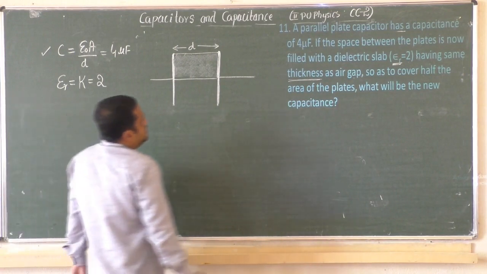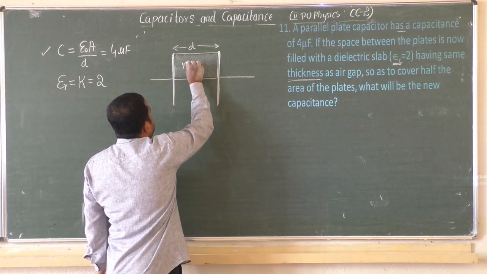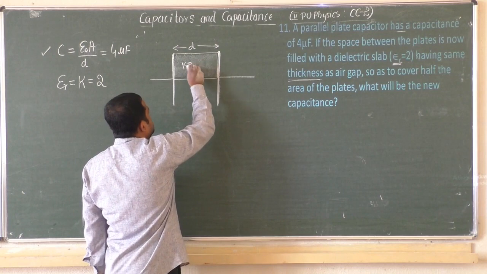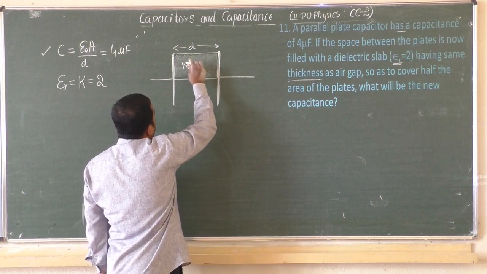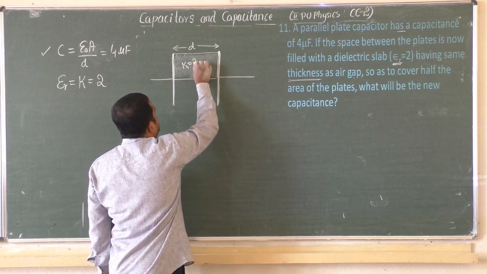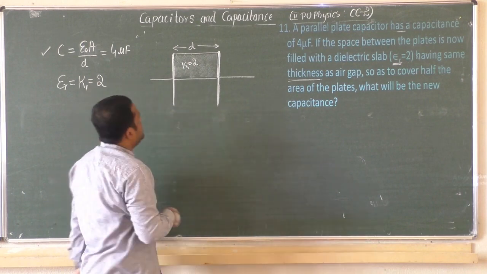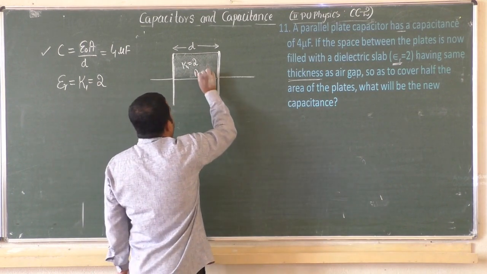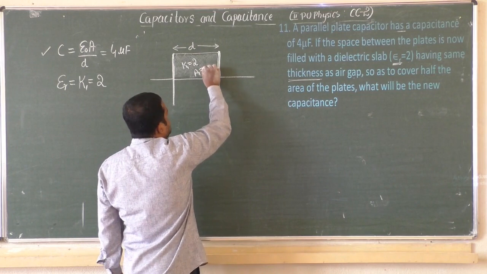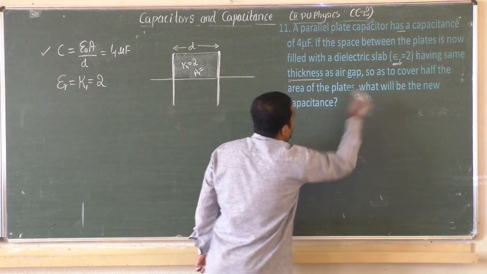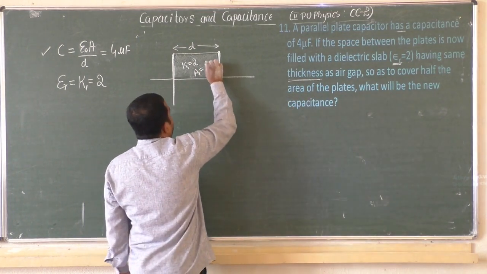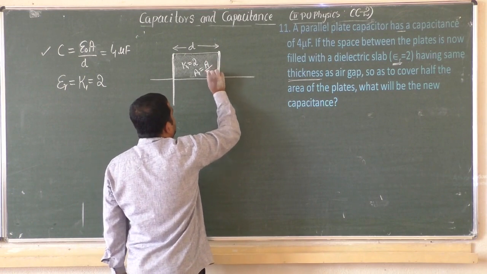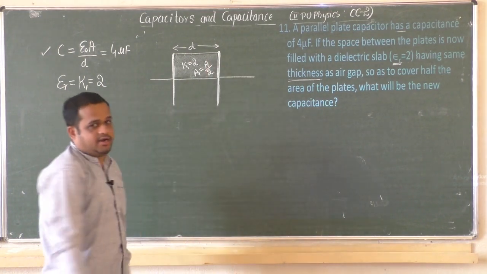Now K value, I'll take it as K1. K1 is equal to 2, relative permittivity. Area covered by this is given, it covers half of the area between the plates. That means if total area of plates is equal to A, then it covers A divided by 2.